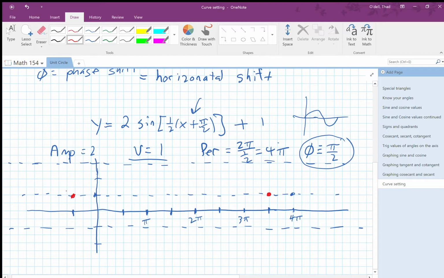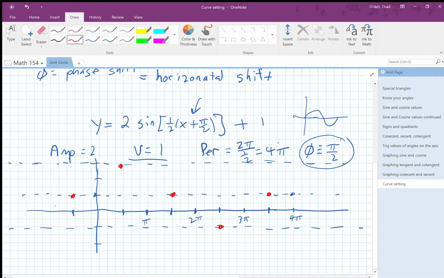So I start at the middle here, hit the middle again at 3 pi over 2, and then hit the middle again at 7 pi over 2. Then I go halfway between these to get the top, so I should be hitting the top right there, and the bottom right there.